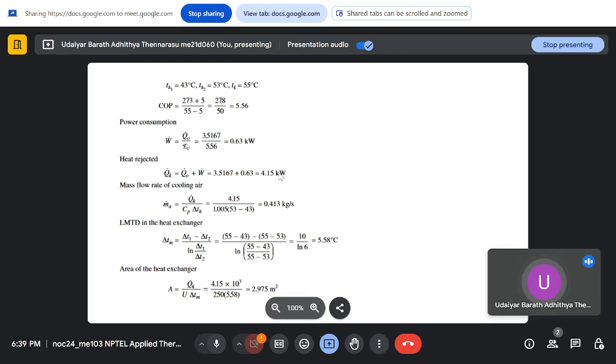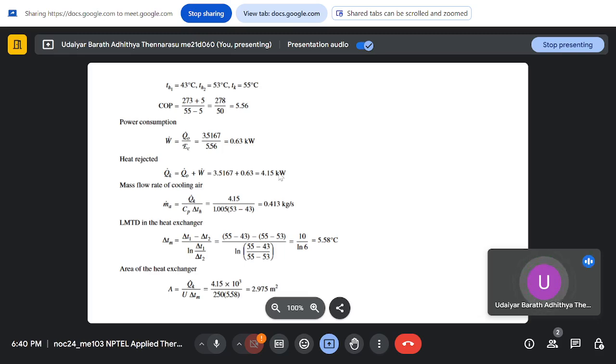Now to estimate the mass flow rate, Q is m Cp delta T. Assuming air is an ideal gas and Cp doesn't vary with pressure and temperature, mass will be Q by Cp delta T. Q is 4.15 in this case, and Cp is 1.005 kilojoule per kg Kelvin for air.